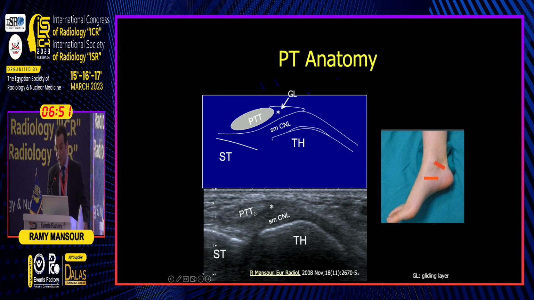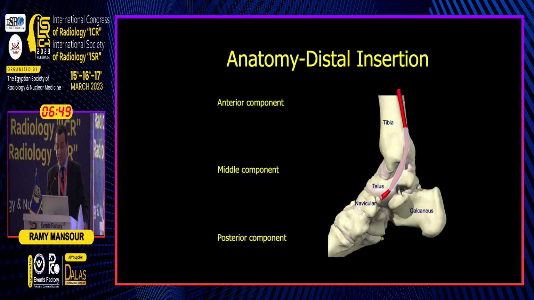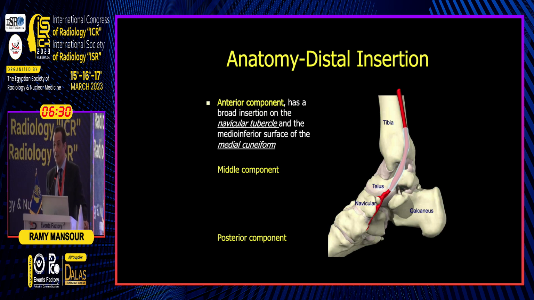As I mentioned, the insertion of the posterior tibial tendon is a bit complex. It has different components: the anterior component, the middle component, and the posterior component. The anterior component is well known to us, and we were always asked in medical school where is the insertion of the posterior tibial tendon.